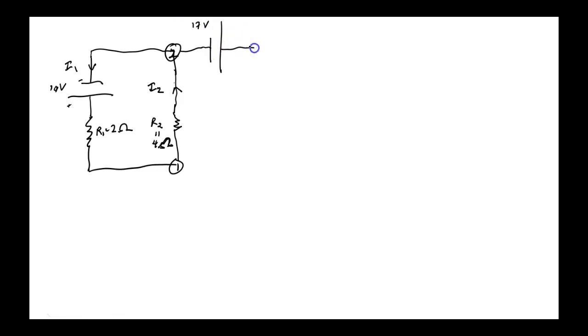We figure that current going here is going to be our I4, just to duplicate what the book has, and it runs into resistor R4, which happens to be 2 ohms. That heads us into node 4, or junction 4.